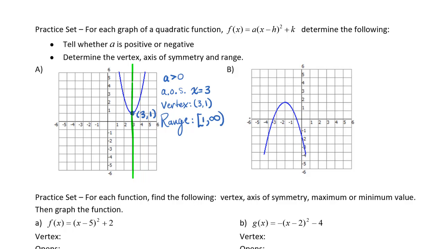Now let's look at part B. Part B is a parabola with vertex in the second quadrant, opening downward. This parabola has a vertex at -2, 2.